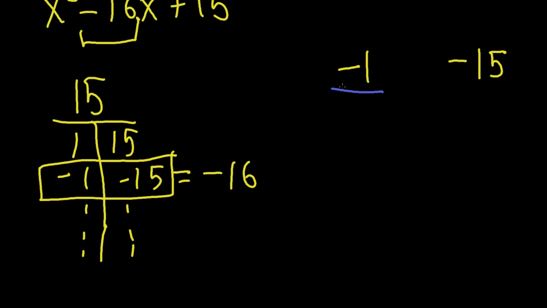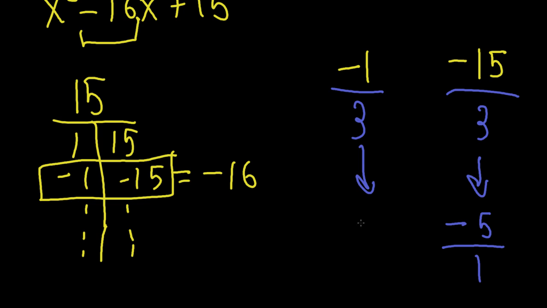So negative 1 over 3, negative 15 over 3. Notice that negative 15 over 3 is simply equal to negative 5 over 1, and this simply will stay the same.